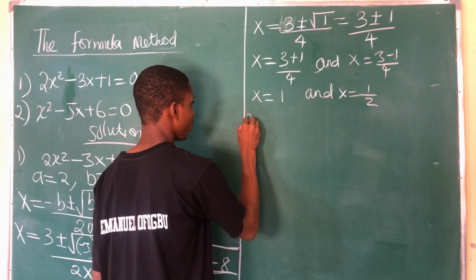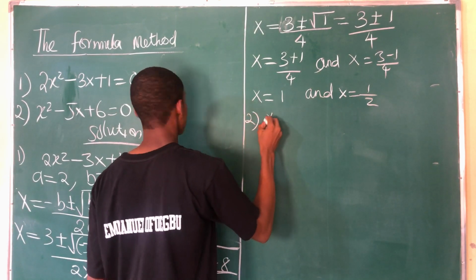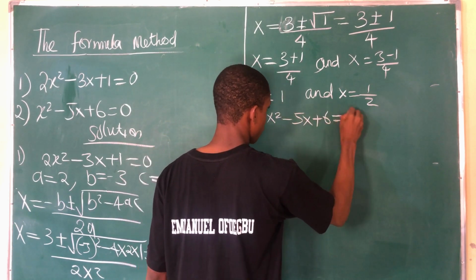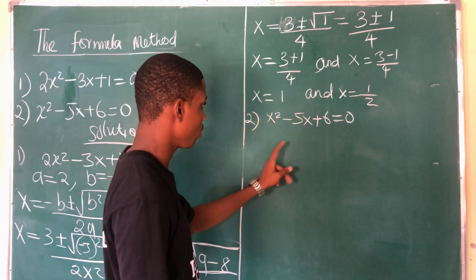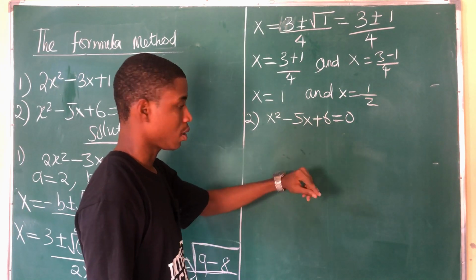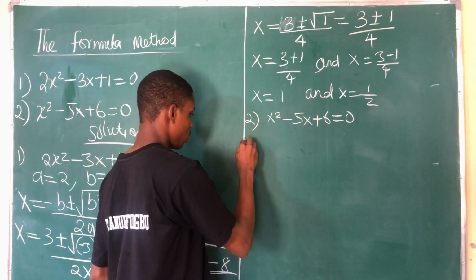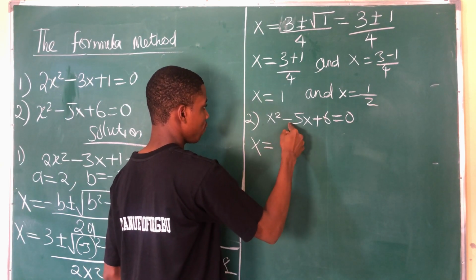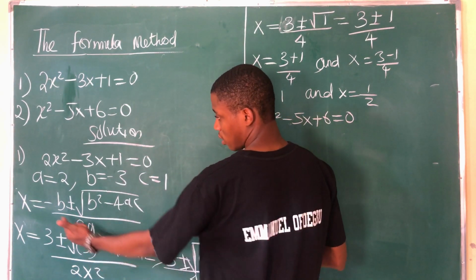Let's jump to the second one, where we have x squared minus 5x plus 6 equal to 0. A is 1, b is -5, and c is plus 6. So putting that into the equation, we have that x is equal to negative b.